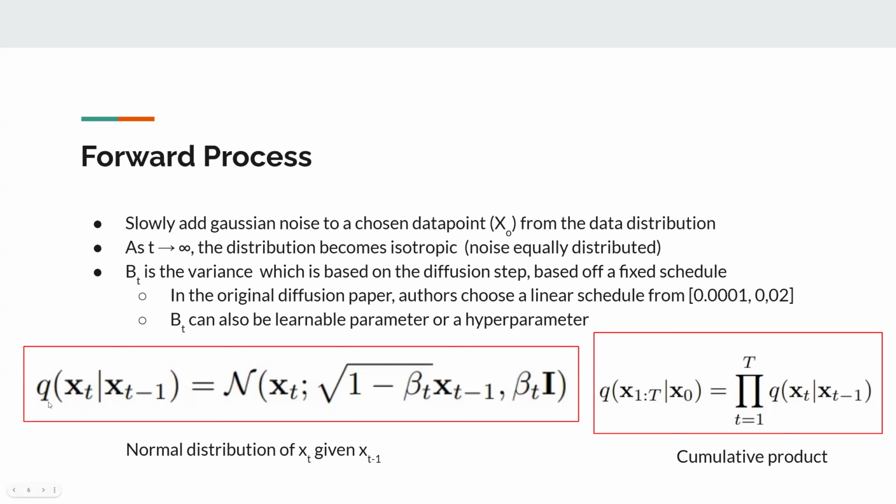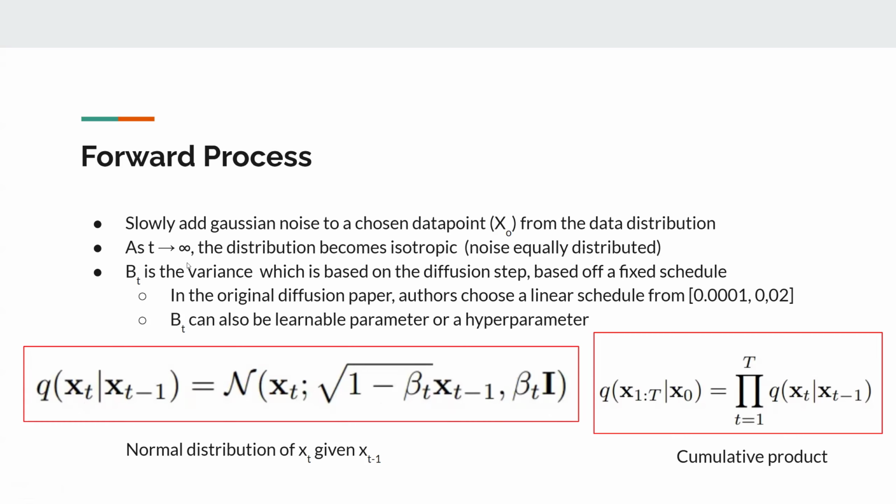What this is saying is that the conditional probability of your state x of t, given the state before, is based off a Gaussian distribution, where the mean is square root of 1 minus beta t times the previous state, and the variance is beta t times the identity matrix.